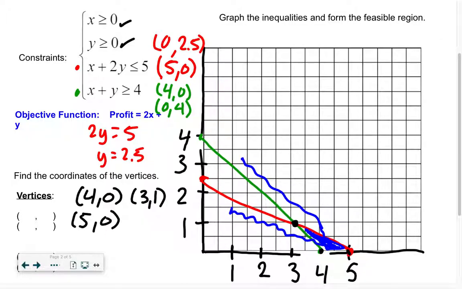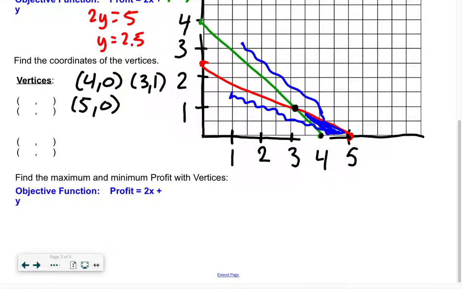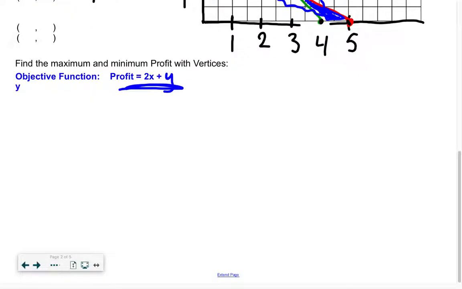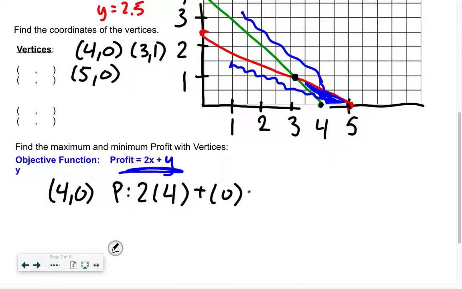Now, what we gotta do is plug those 3 vertices into our profit equation, this thing right here, 2x plus y. Okay? So, first one I had was (4, 0). At (4, 0), my profit is 2 times 4 plus 0, which gives me $8.